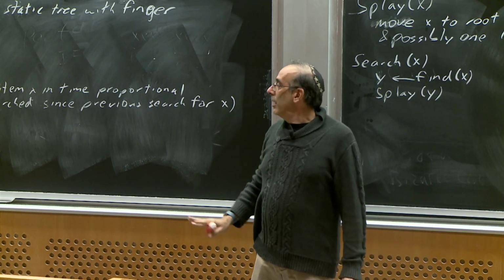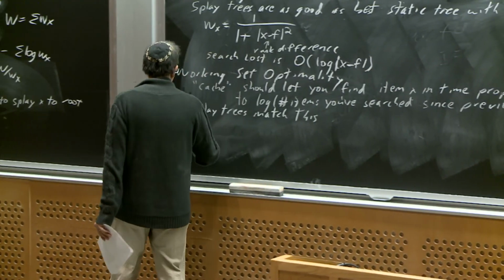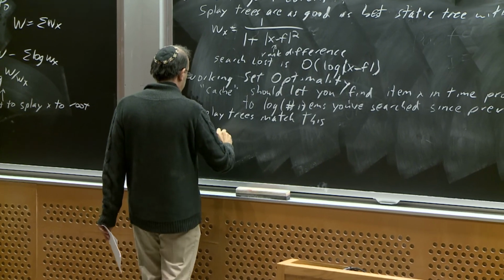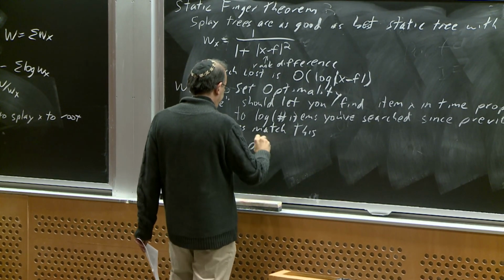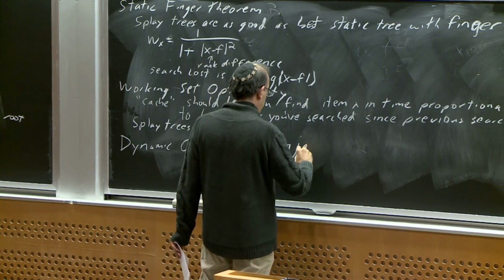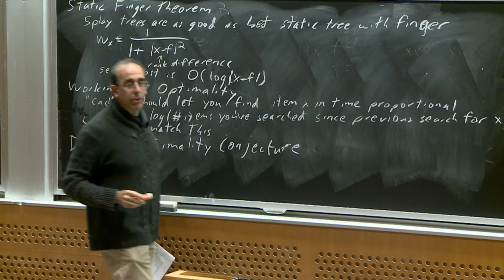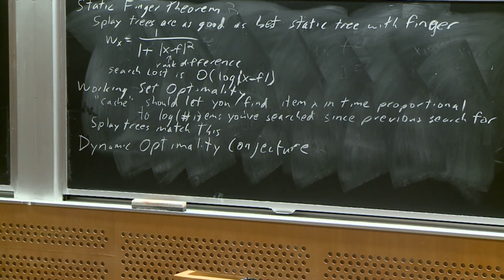Okay? Now, there remains one giant question around splay trees. This is what is known as the dynamic optimality conjecture. And it reflects the natural conclusion that you draw after seeing splay trees, which is that splay trees are just the best.